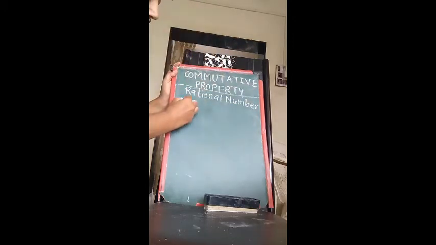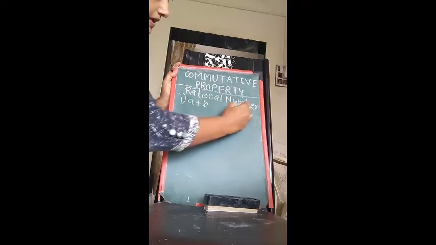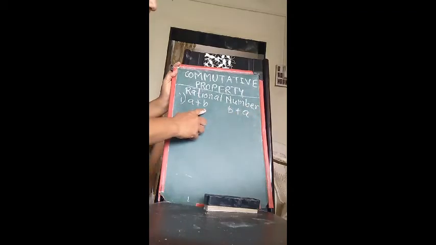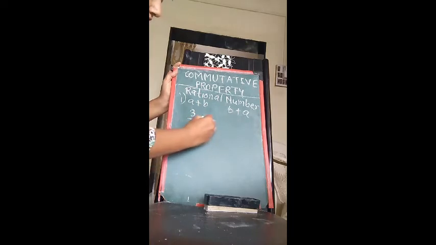Okay, now we will check the addition first. A plus B, B plus A. Any two rational numbers we are going to take. So 3 upon 4 plus 1 upon 3. Here I am going to take some different examples because here the denominator is different.